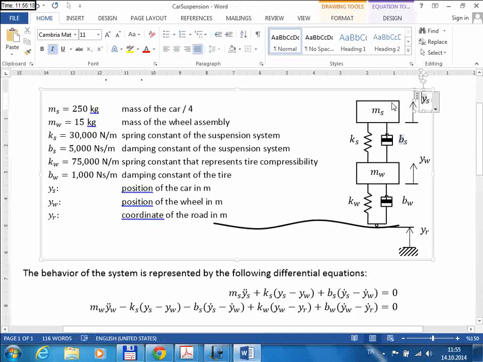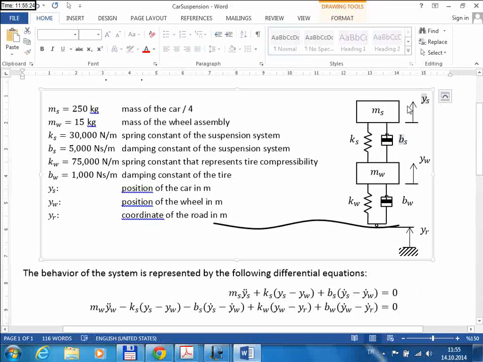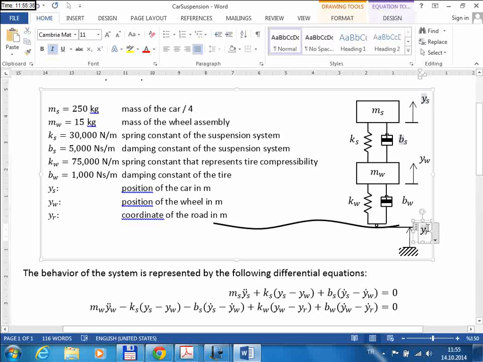So we have Ys here. So this is one of the outputs, right? This can be taken as the output position of the car. This is not an input, obviously. We have Yw. This is the position of the wheel. That's also a possible output. So the input to this system is this Yr here. So that is what can possibly make the system move.